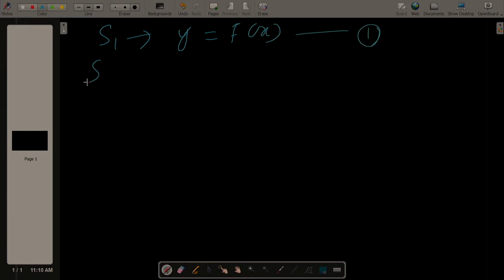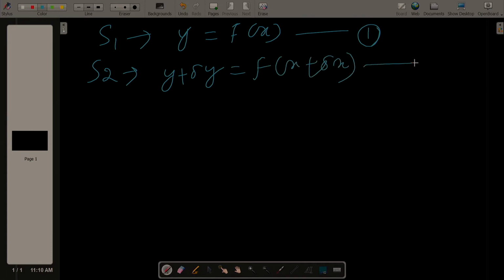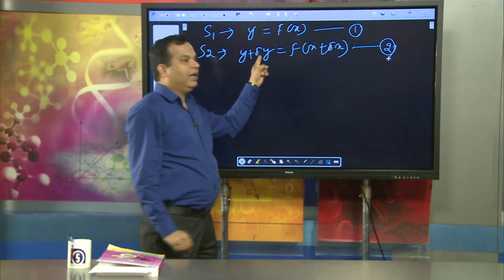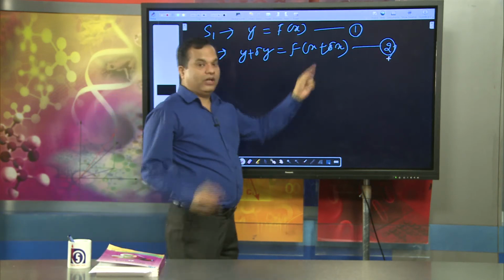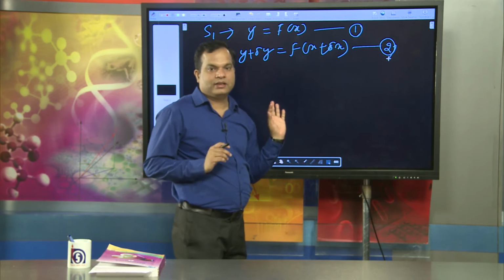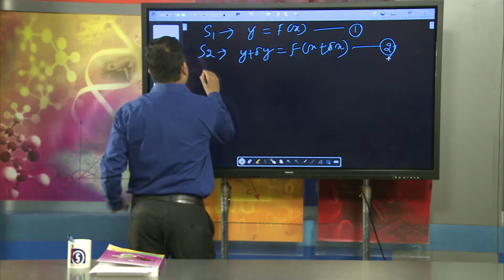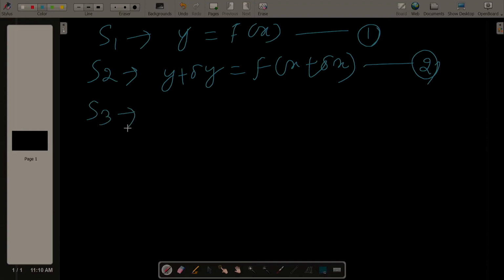And step 2 says that y plus del y equal to f of x plus del x, equation 2. And what are del y and del x? Del y is the increment of the function y and del x is the corresponding increment with respect to x. Now, what will you do? Step 3 says subtract equation 1 from 2.